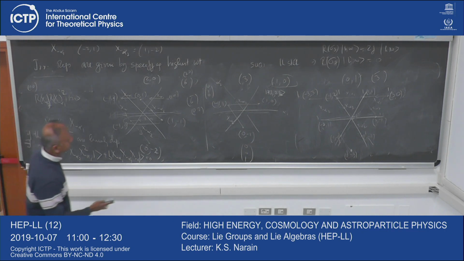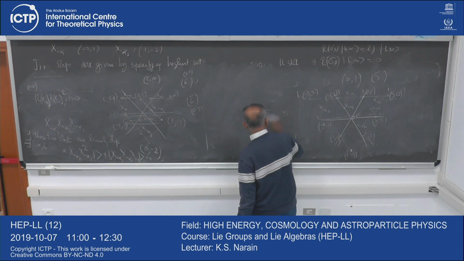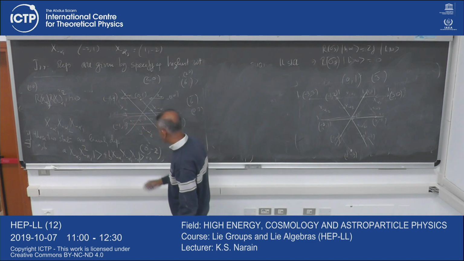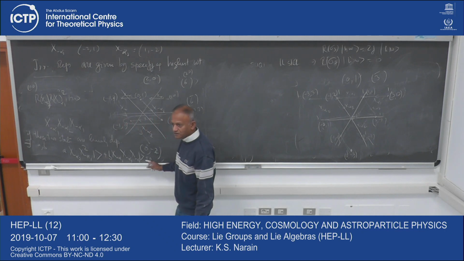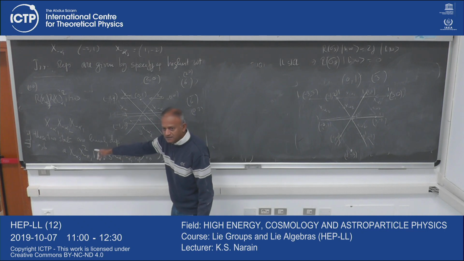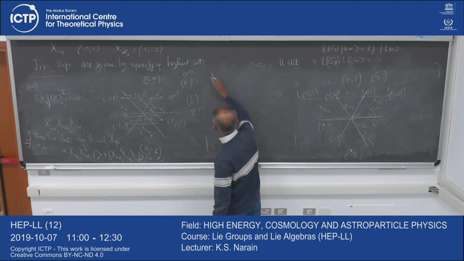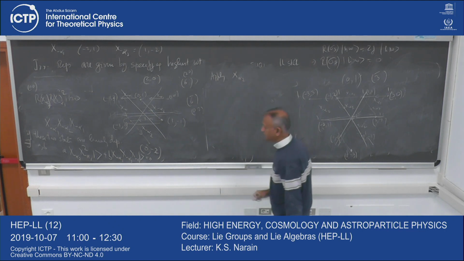Okay. So let's see. Suppose I found a and b such that this combination is 0. That means if I apply a raising operator on this state, it should also be 0, right? So let's apply, for example, x alpha 2.